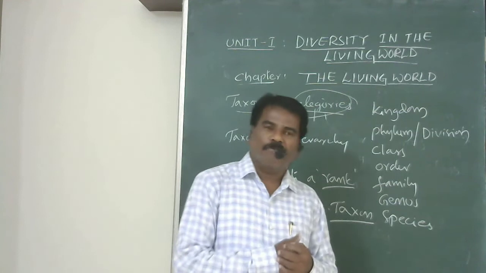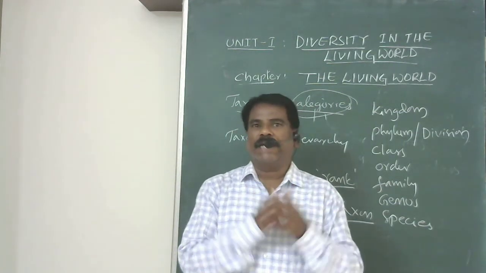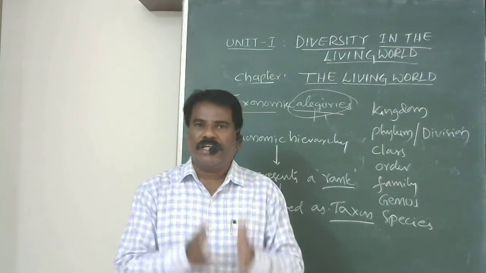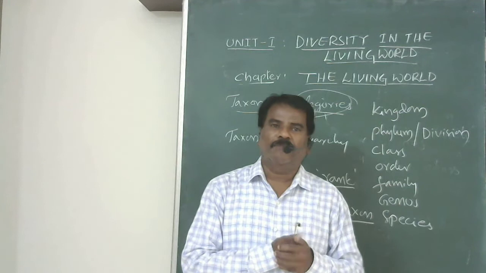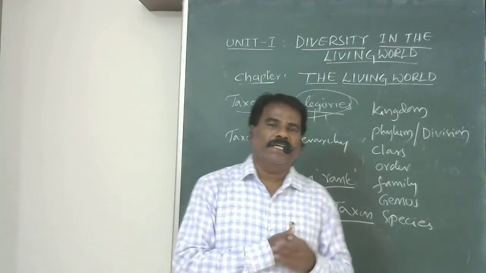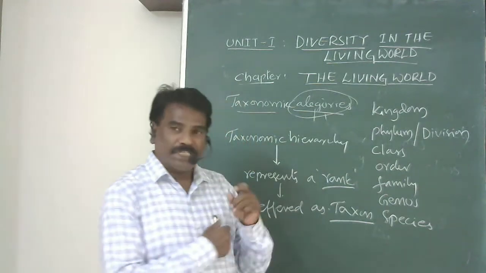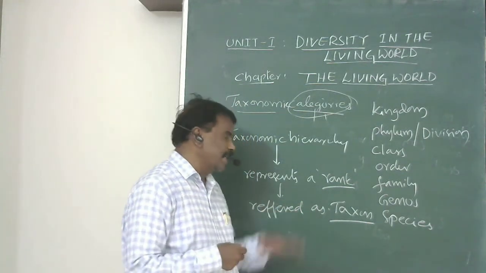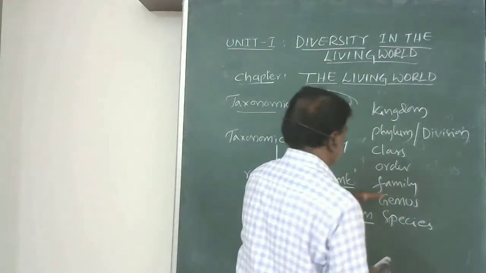So in the taxonomic categories, there are 7 obligate categories. Each category is a unit for classification, and each is referred to as a taxon representing a rank.